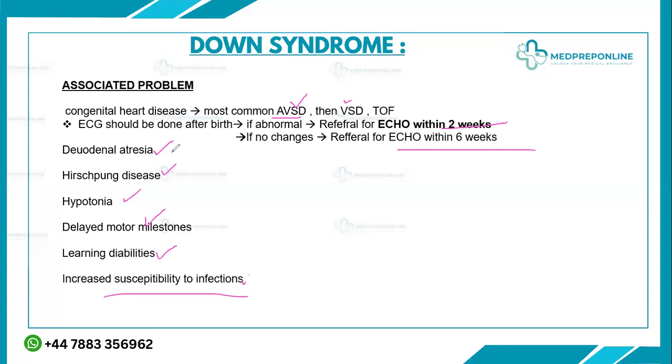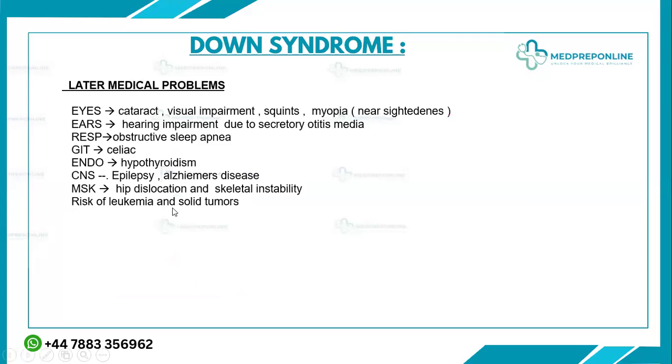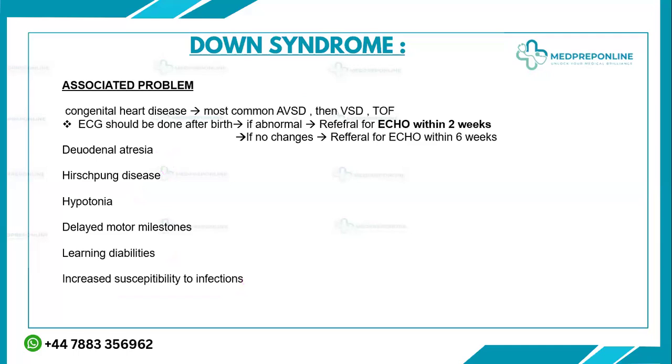So you should know the features of those so you will be able to pick that diagnosis, but you have to keep in mind that Down syndrome has these associations. Okay, so those were the associated problems that Down syndrome can come with.